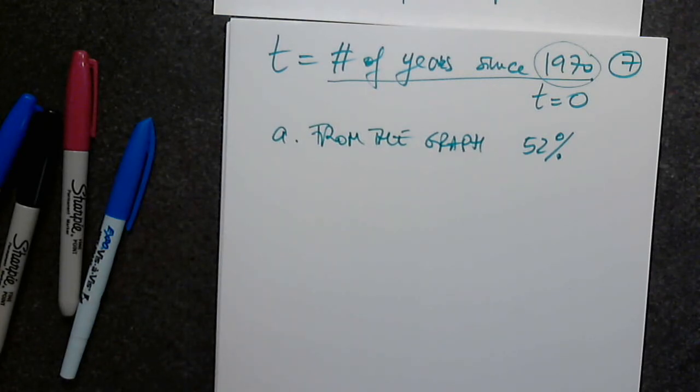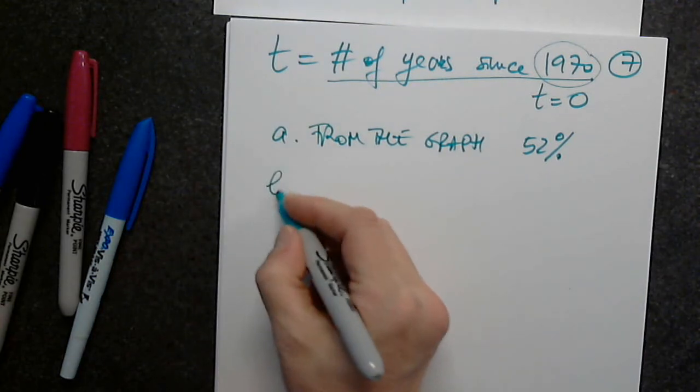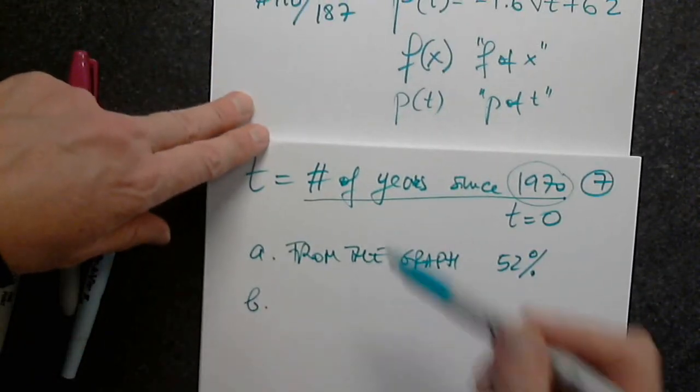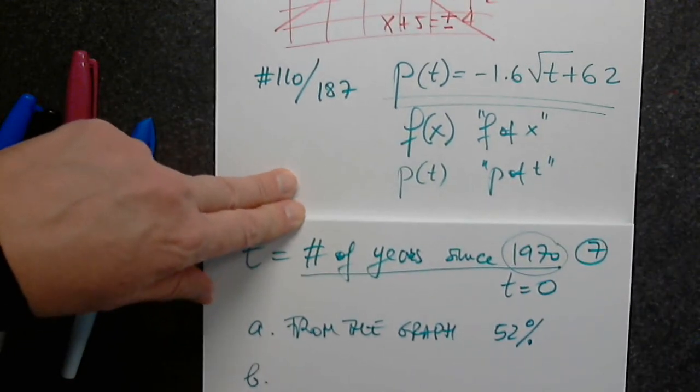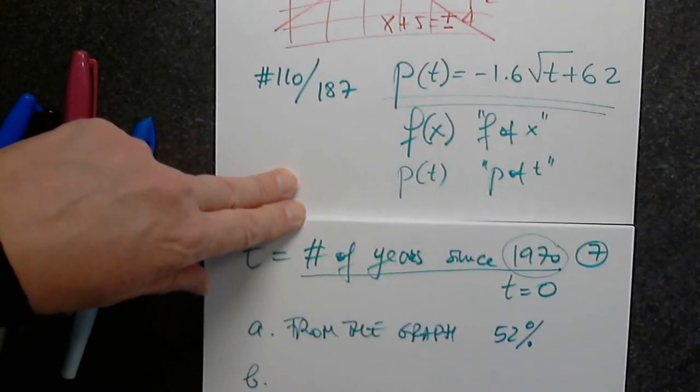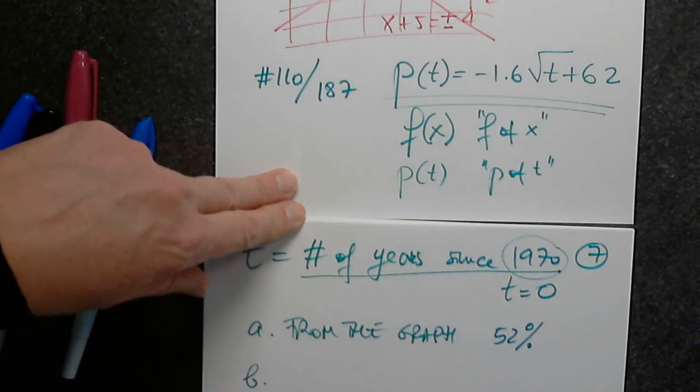Okay, part B. Use the mathematical model now to determine the percentage of jobs in the U.S. labor force held by men in 2010. So this time, in part B, they want us to use the given model. This was given to us. A lot of effort was put in this to find it. It's not easy to find such a model.